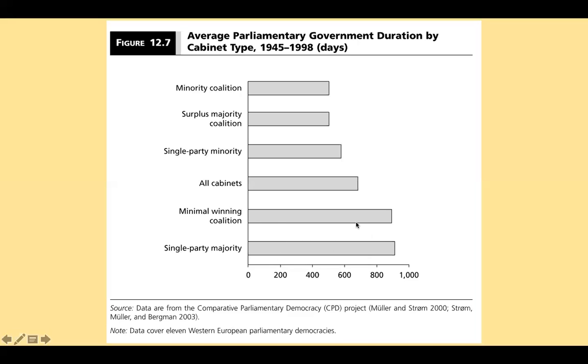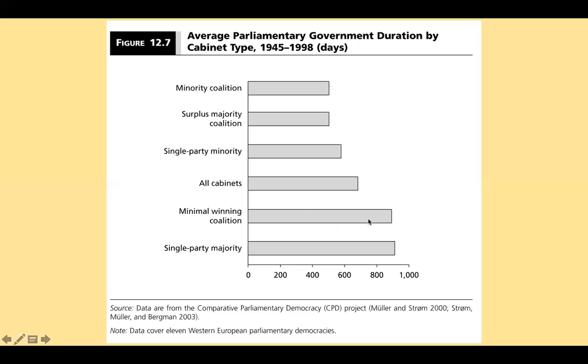Now you go down the list, you'll notice that a minimal winning coalition is the next most durable form of government. And this is in many cases going to be a two-party coalition. And those two parties are going to often, if not virtually always, be contiguous in their position. You know, maybe a right party and a right center party, or a left party and a left center party.